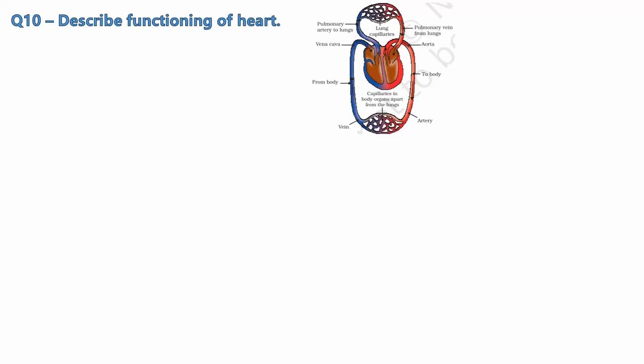Now what will the cells do? The cells will absorb the oxygen. It will react with the food which is present in the blood and has been absorbed by the cell. The oxygen and the food, like glucose, will react with each other, and the byproduct will be energy.